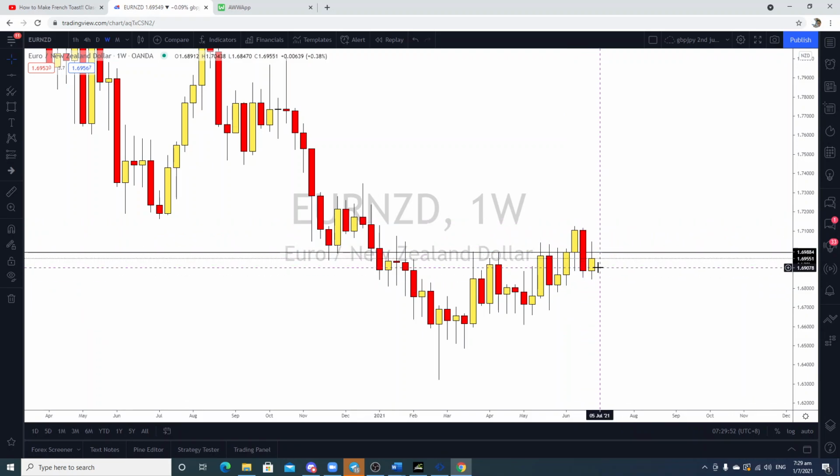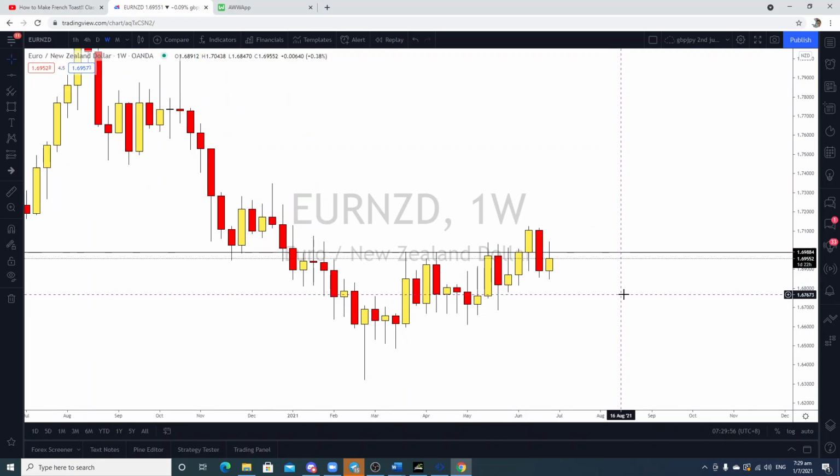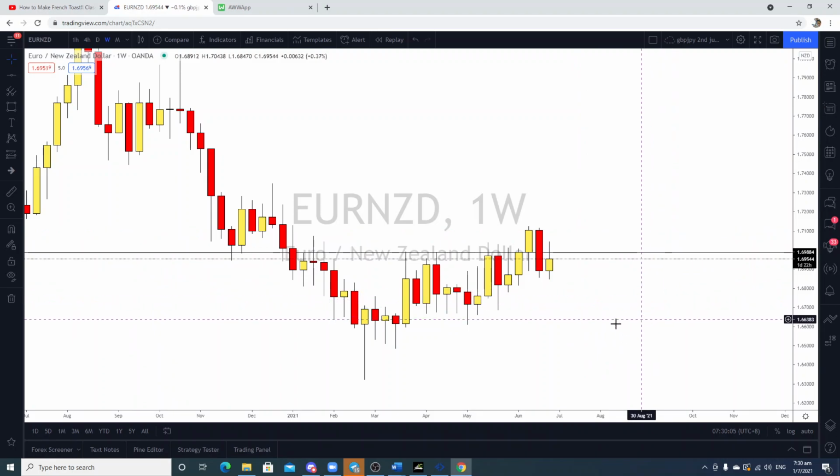So this is a setup which Tyler and I like to call an inside bar fakie with an evening star setup. It's a very lucrative setup.